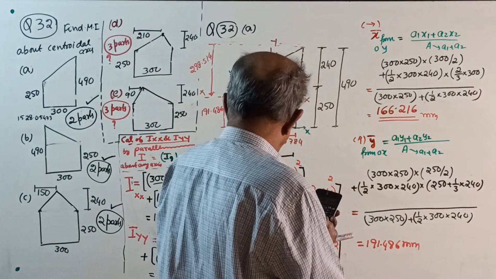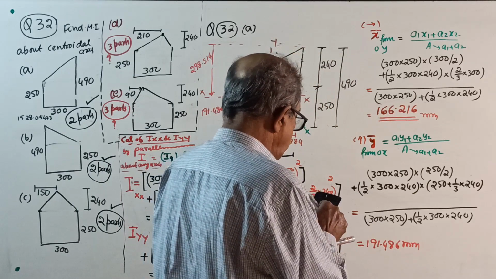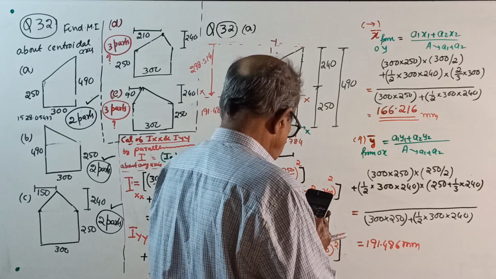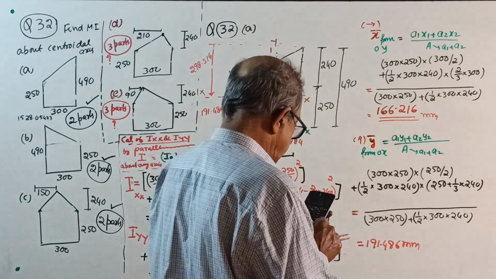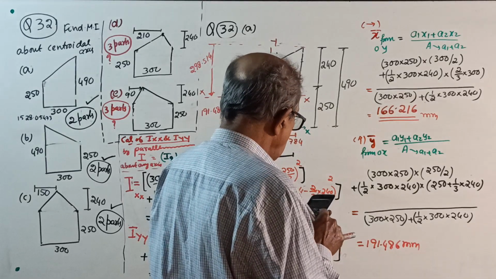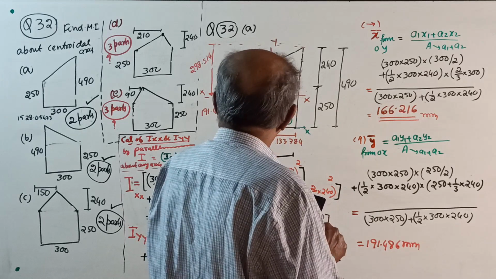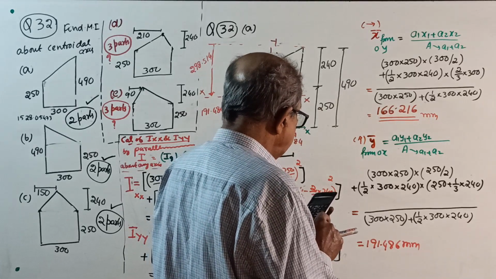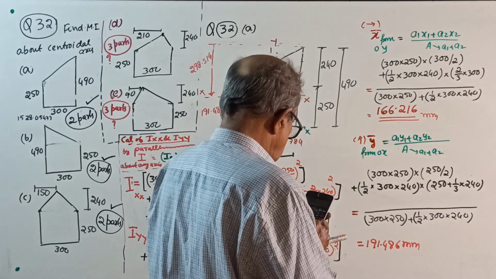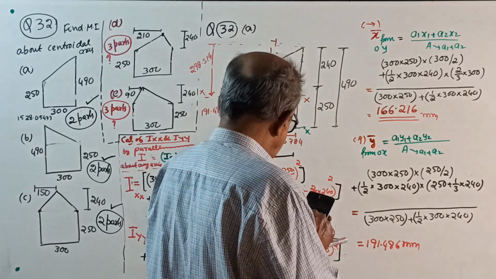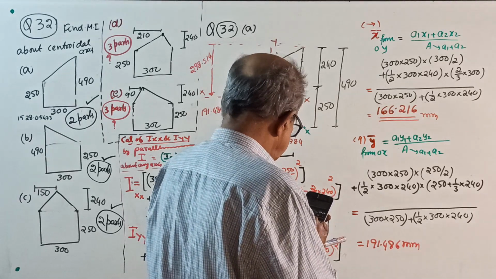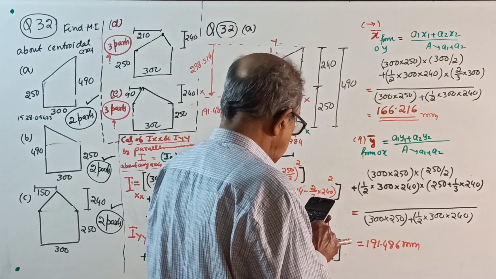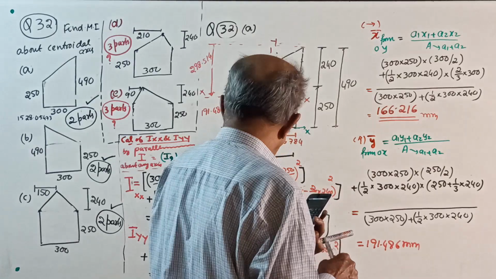Okay, once again: 250 into 300 cube divided by 12, plus 250 into 300 into bracket 166.216 minus 150 close square, plus 240 into 300 cube divided by 36, plus half into 240 into 300 into bracket 133.784 minus 100 close square, divided by 10 to the power 6. 803, correct.